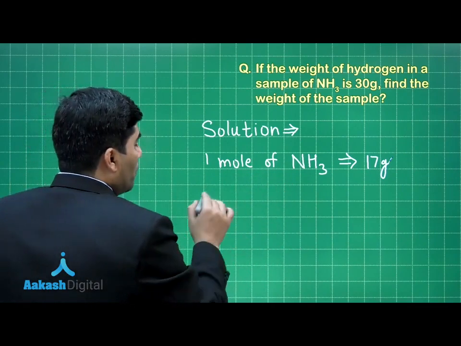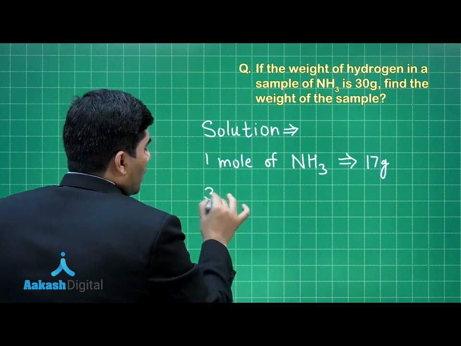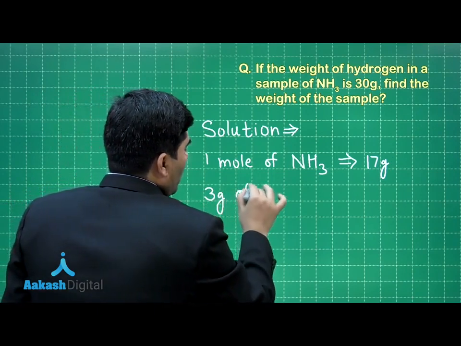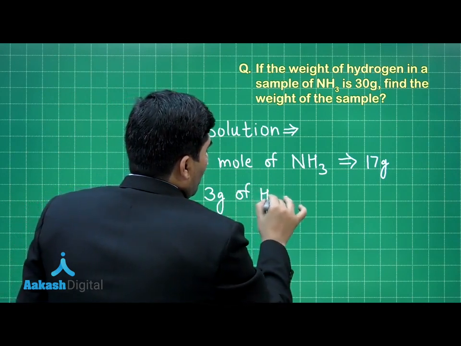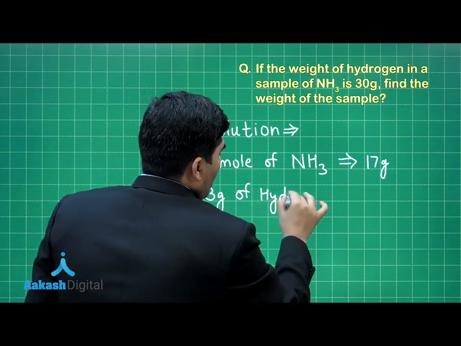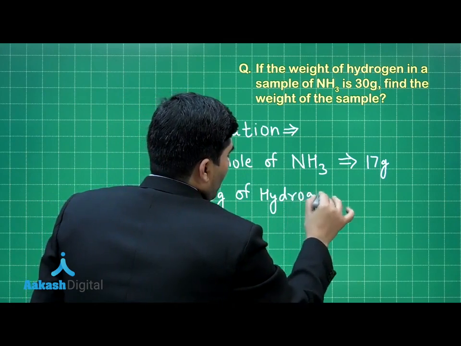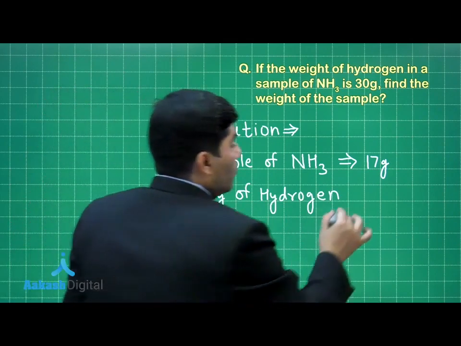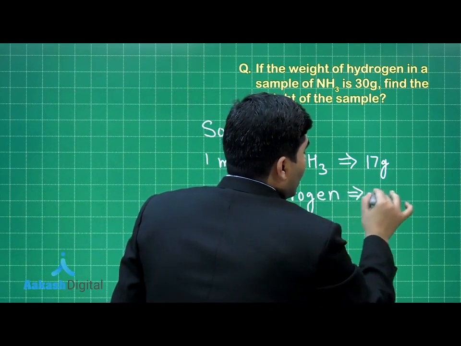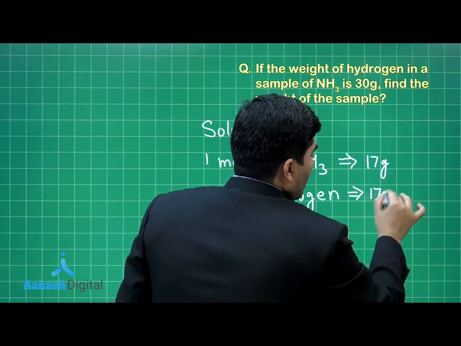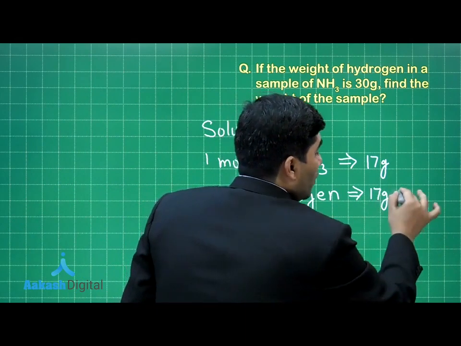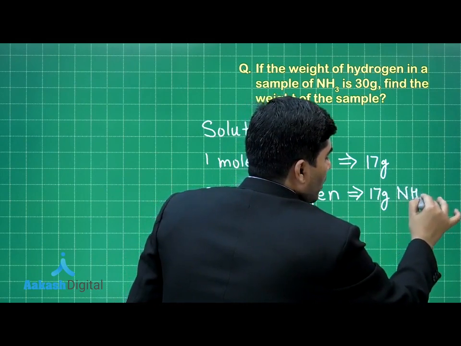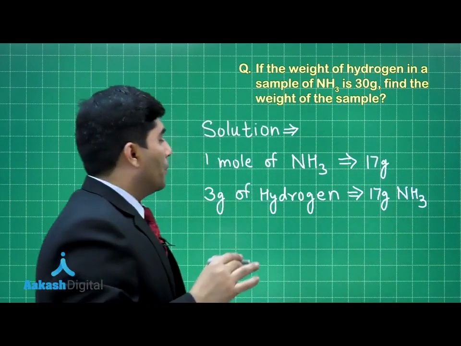Now what we have to do? If we have 3 grams of hydrogen, we will have 17 gram of ammonia, right?